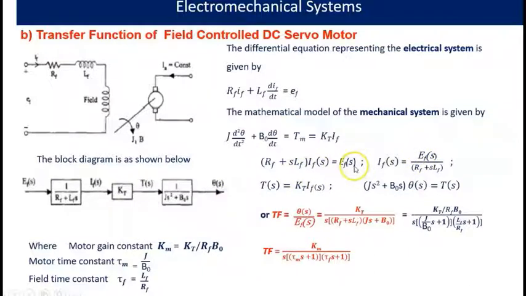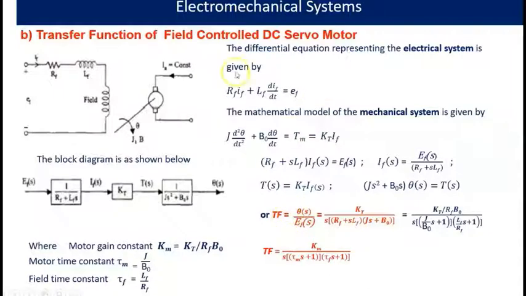So this EF(S) into 1 by (RF plus SLF) is equal to IF(S). And from this expression we get T(S) is equal to KT into IF(S). Similarly, the T(S) and theta(S) relation is 1 by (JS square plus B0 S). So this is the block diagram. Now combine the cascaded blocks, take the product, and you will get the expression like this.